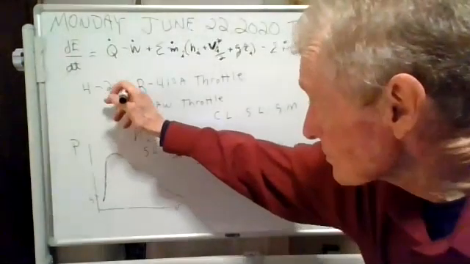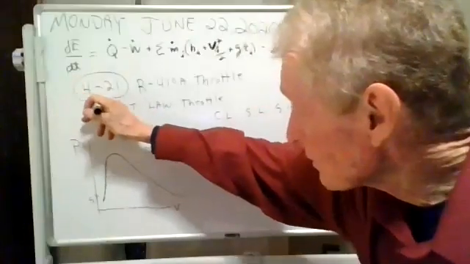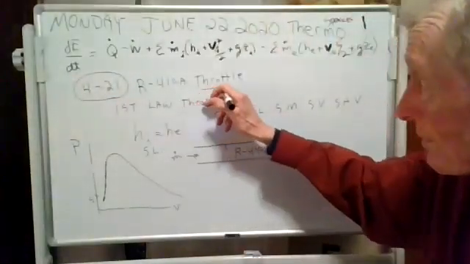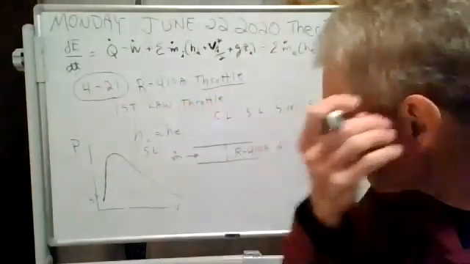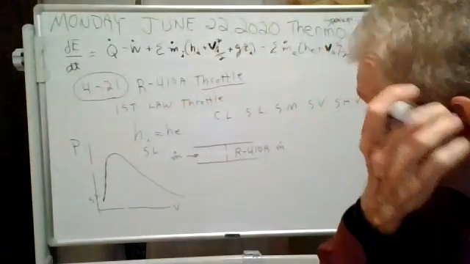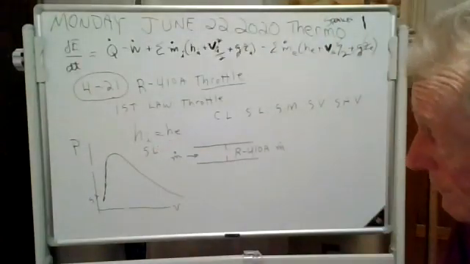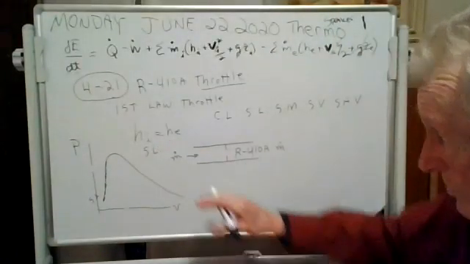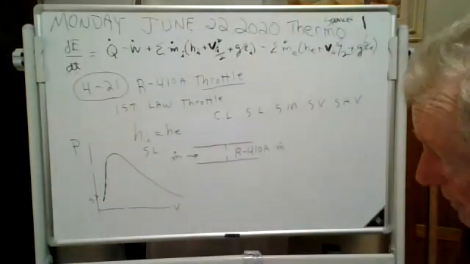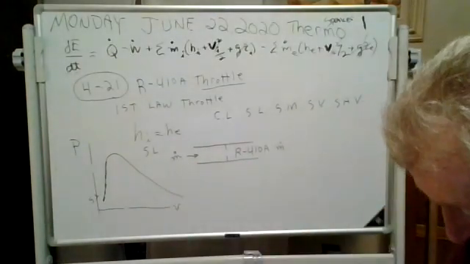For those of you that just tuned in, we are doing a throttle. Problem 421. This is the first law. It's a controlled volume because you have mass going in and mass coming out. And what did they say?